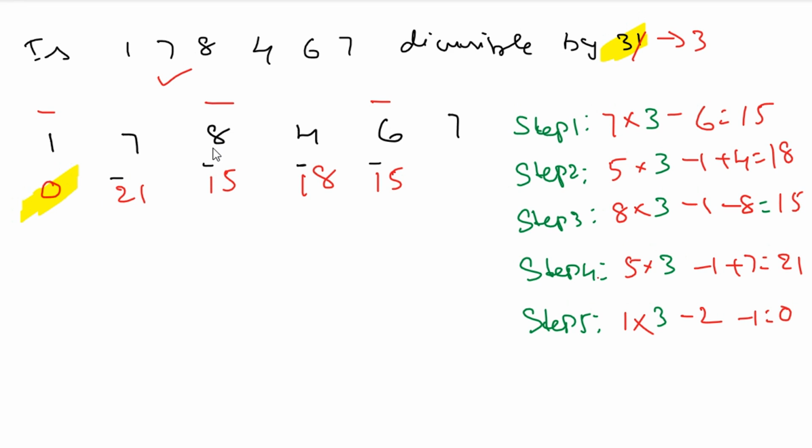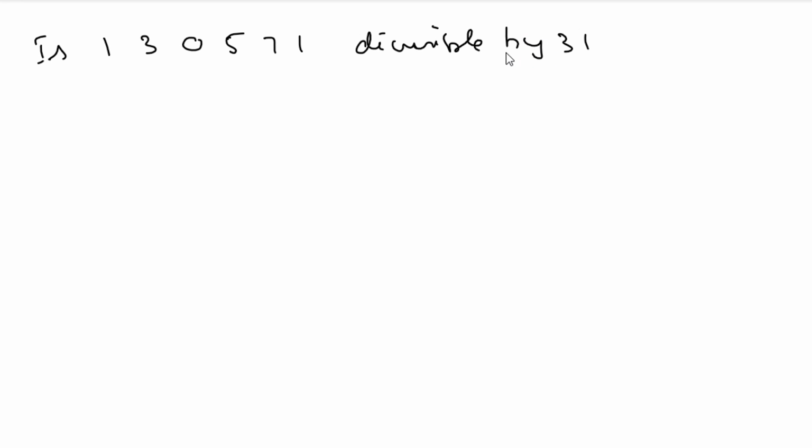Now I will tell you one more example, but without writing down all these steps, just calculate it mentally. Okay, now what is the next example? Here: is 130571 divisible by 31?